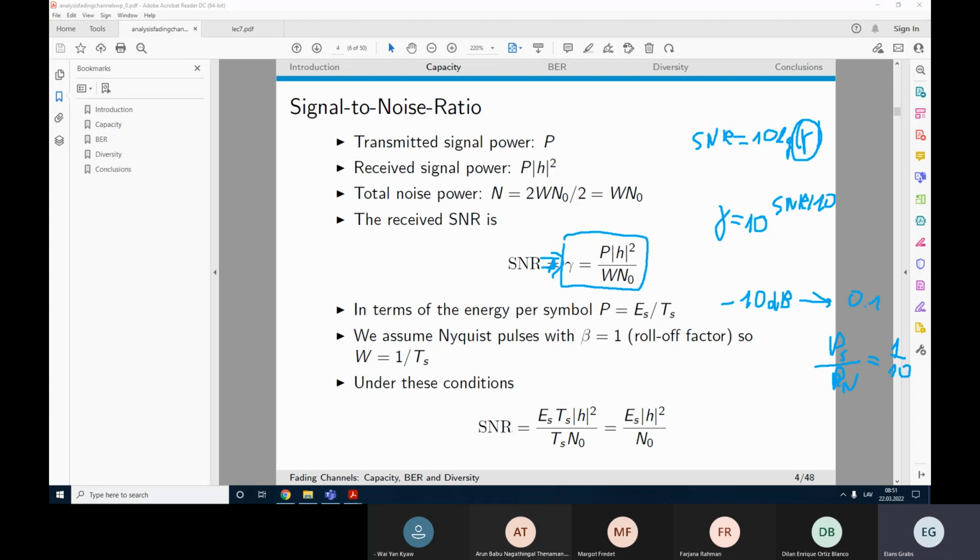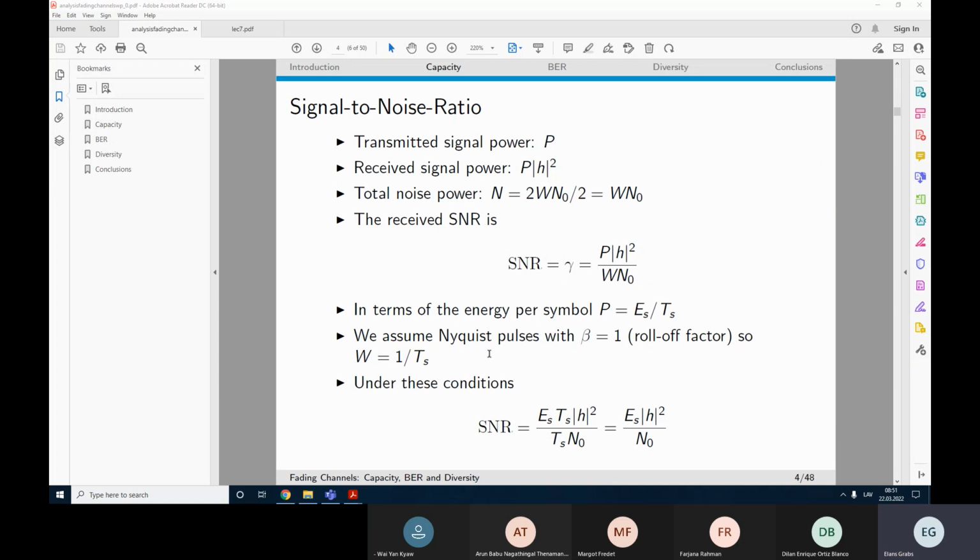We'll use this a little today, so that's why I wanted to remind you of this factor. Also, we can calculate the signal-to-noise ratio via the energy of the symbol and the spectral power density of the noise. Power is energy divided by the time interval, and the same way for the noise, so here we also have it divided.